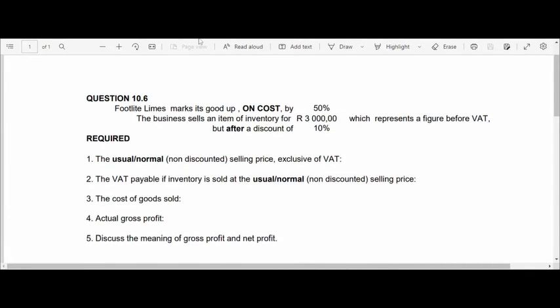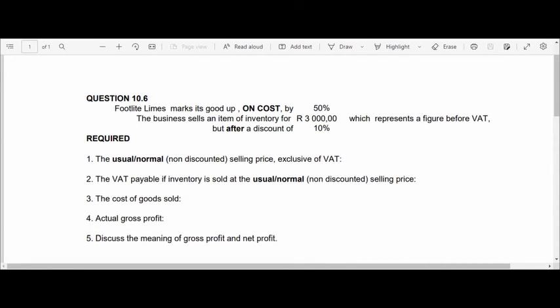So first of all, what they are saying there, ladies and gentlemen, Footlight Limes marks its goods up on cost by 50%, right? So they've got a markup on cost of 50%. So again, it's not a profit margin, it's a markup of 50%.